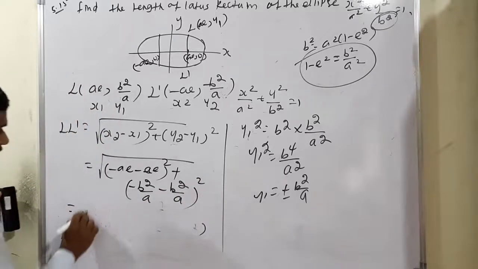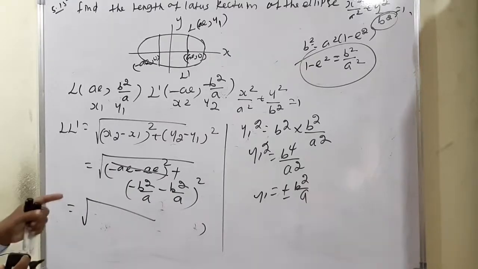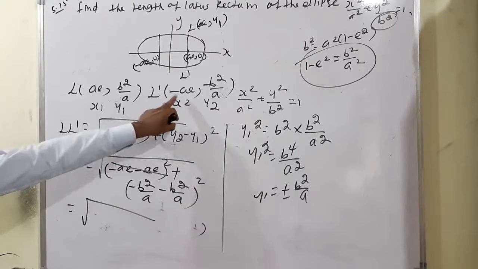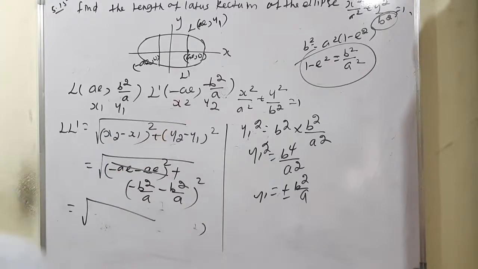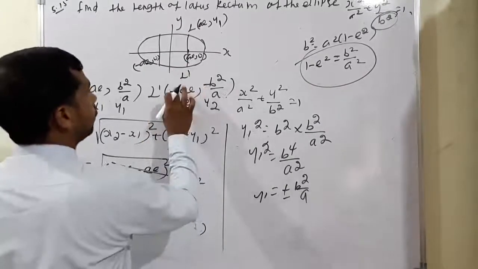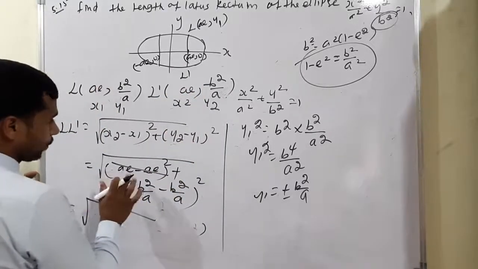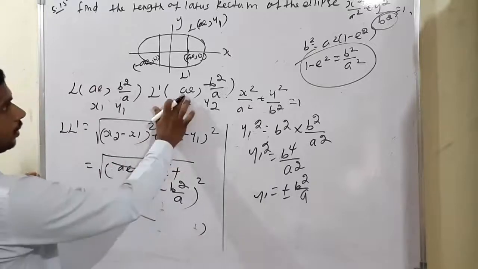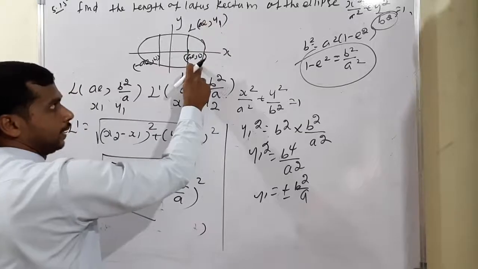Under the square root, the first term will be cancelled, since x2 minus x1 is the same, isn't it? Sorry, this is L dash also ae, this is only positive, therefore we can write ae minus ae the whole square, cancel it, because here it is positive y1 and there negative y1.